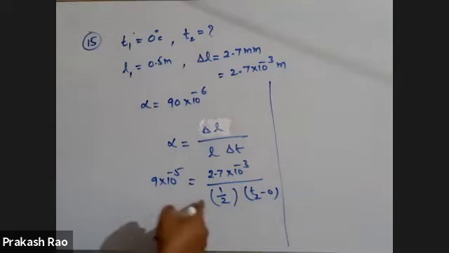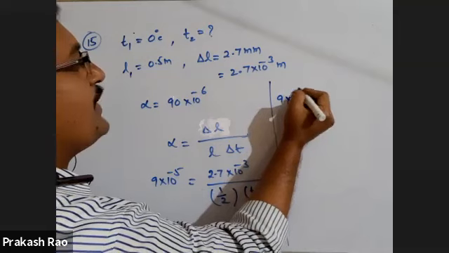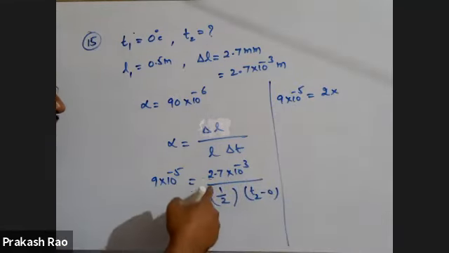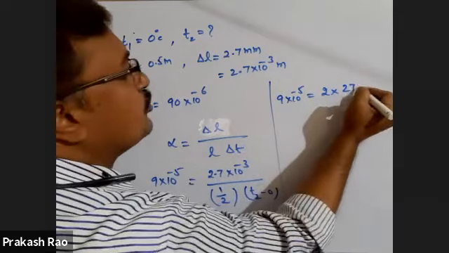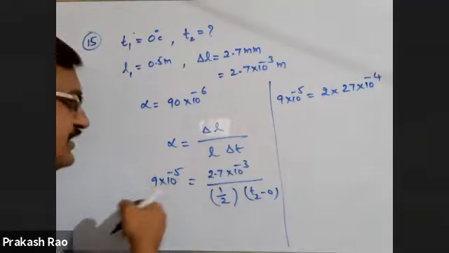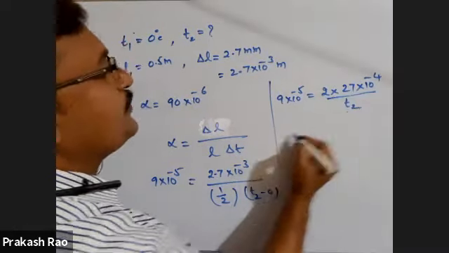You can write this as 2 will move up. 9 into 10 power minus 5 is equal to 2 into 2.7 into 10 power minus 3. I can write it as 27 into 10 power minus 4. Why? Because I can cancel 9 ones are 9, threes are 27. For that purpose I am taking this. This is T2.